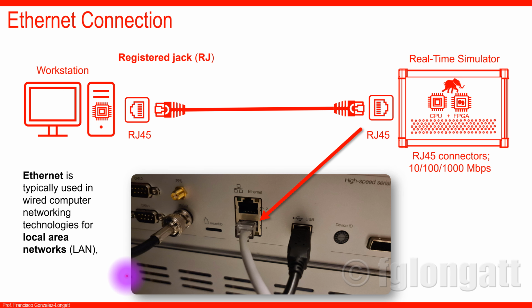What I'm trying to explain is that now, if you look here at the back of your real-time simulator, in this case the HIL604, you must remember there are two RJ45 connectors, register jack connectors. And now you can use one of those ports, which has a very specific functionality to create the Ethernet connection, okay?